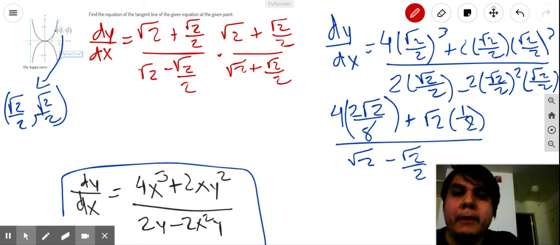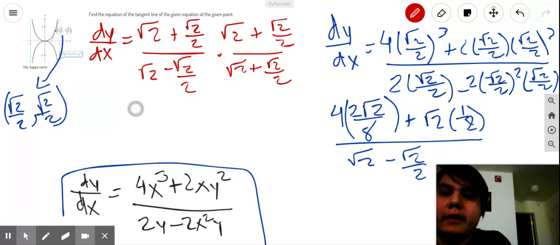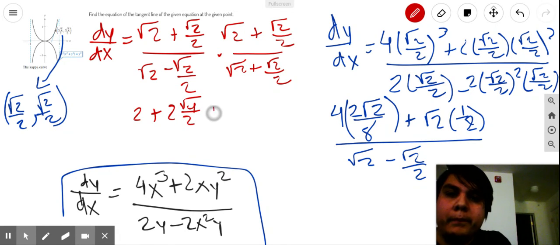Okay, so we should get, square root of 2 times square root of 2 should be 2, plus 2 square root of 4 over 2 plus square root of 4 over 4.